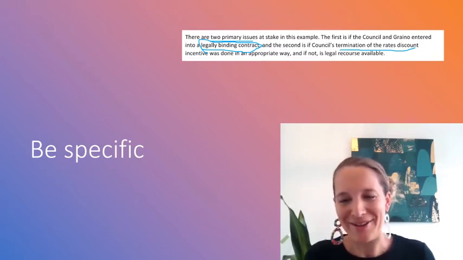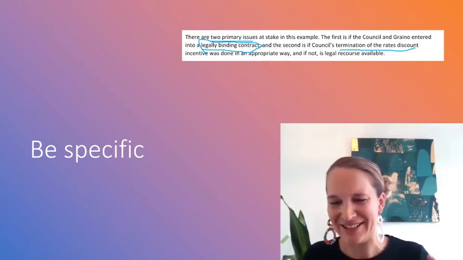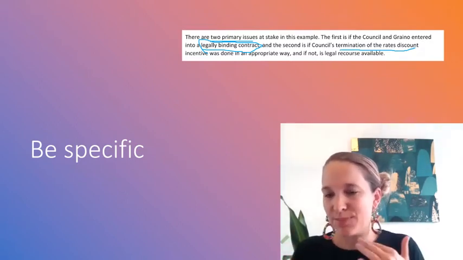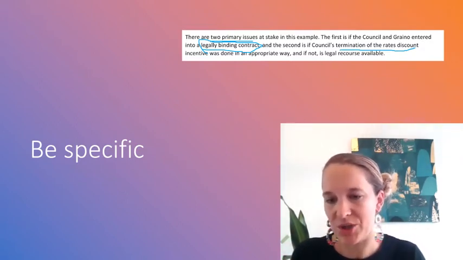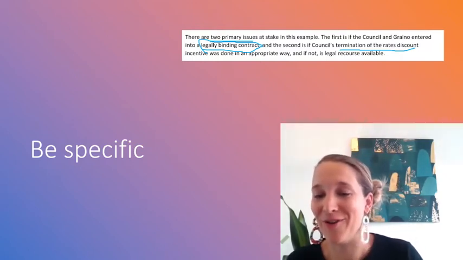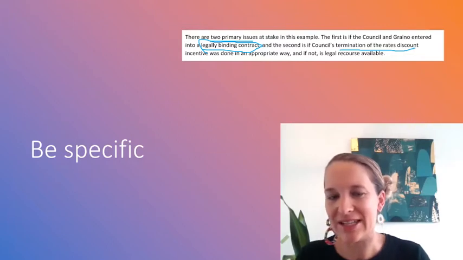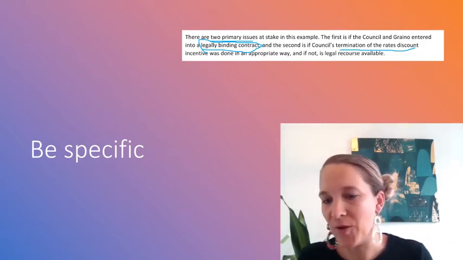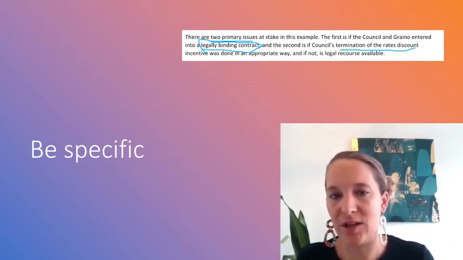However, that of itself is not really specific enough, although the word termination does push me in the right direction, which is that this was a revocation of a unilateral offer issue. So I get a little bit of a sense about what's happening in terms of the specific legal issue from the back part of the sentence, but the front part is not sufficiently specific.